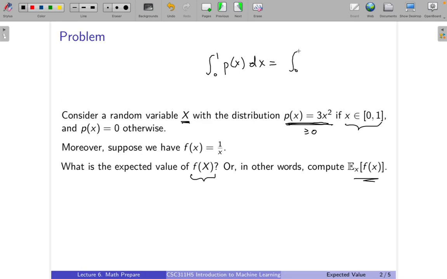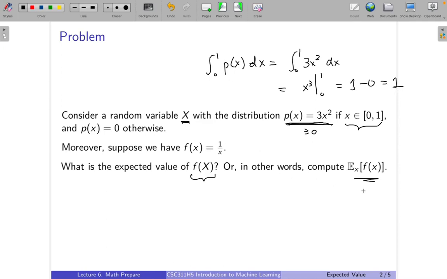So let's see. The integral from 0 to 1 of 3x squared dx, well, that's just going to be x cubed, and we want to evaluate that at the endpoints 0 and 1, and that should give us 1 minus 0, which is 1. So this is indeed a probability distribution.